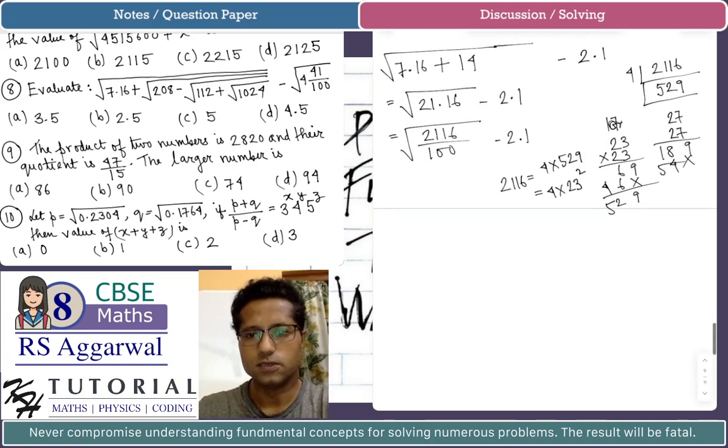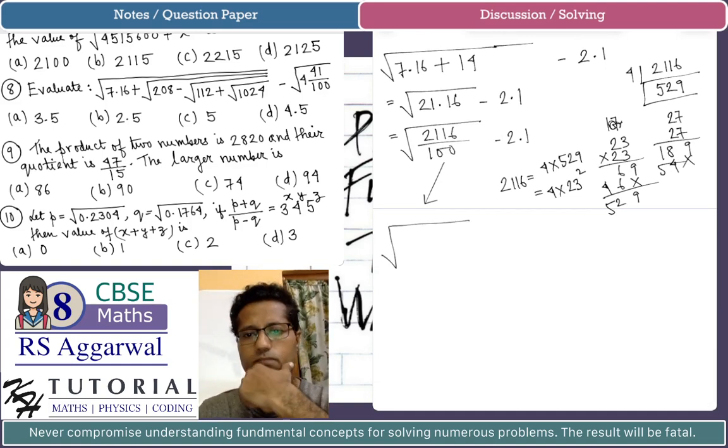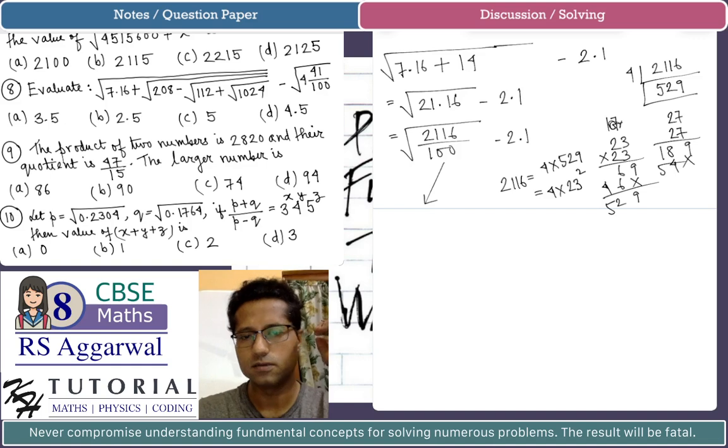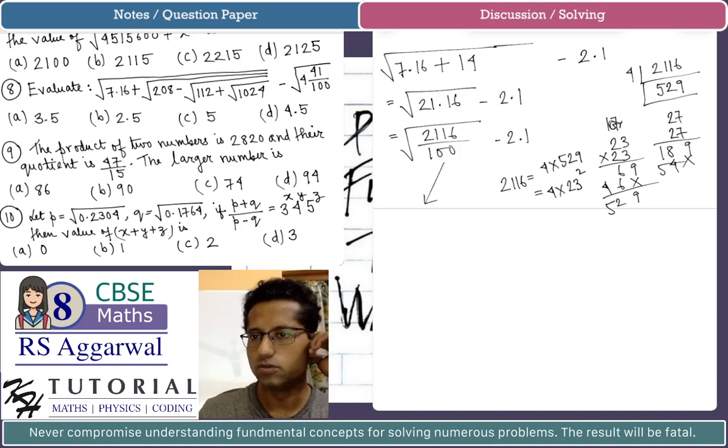So this thing now becomes the square root of... now we can see that 2116 is definitely a perfect square because 2116 is 4 multiplied by 23 square, which is a perfect square because 4 is 2 square. So we can say that this fraction, the square root of 2116 by 100, we know that it's a fraction. Both the numerator, that is 2116, is a perfect square, and the denominator 100 is also a perfect square.